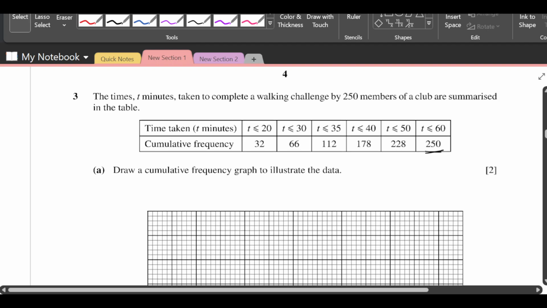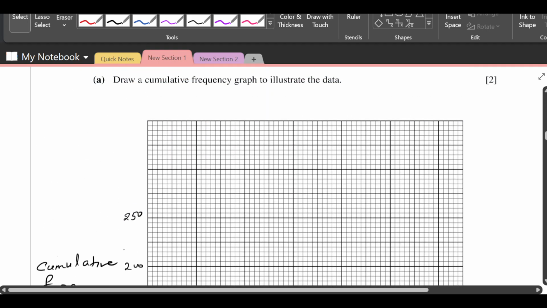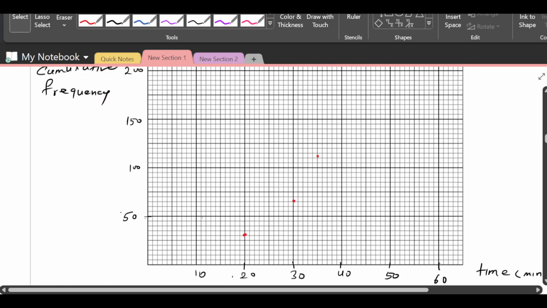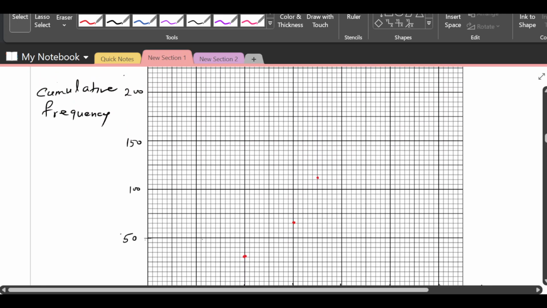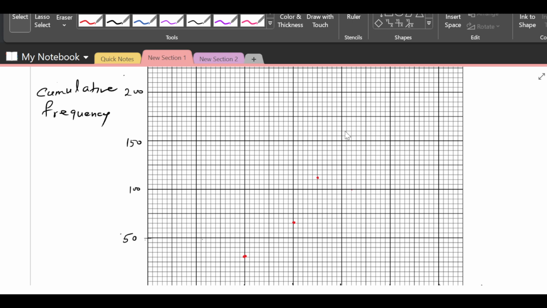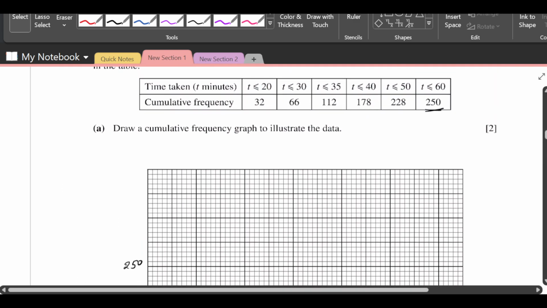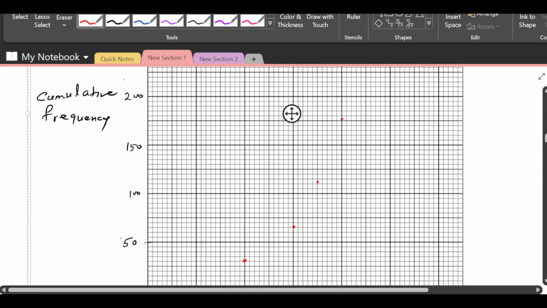Then we have 178. 178 is for 40. So for 40, we have 178. This is 150, 160, 170, 175, 178 is somewhere here. Then 228, at 50, 228.